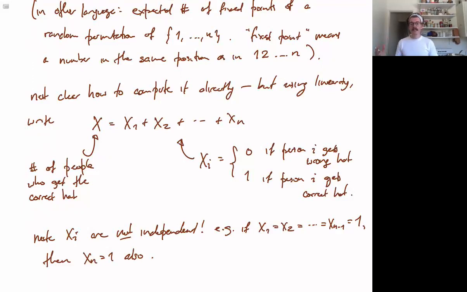And this is a witness to the fact that these are not independent, because if you know the values of these random variables, you can predict with certainty the value of this last random variable. So it is not independent from them. But, again, this is something that I want to emphasize, we can still use linearity of expectation. We made no assumption about independence.